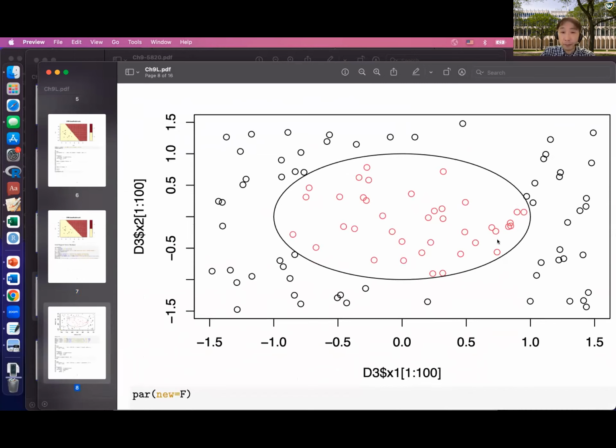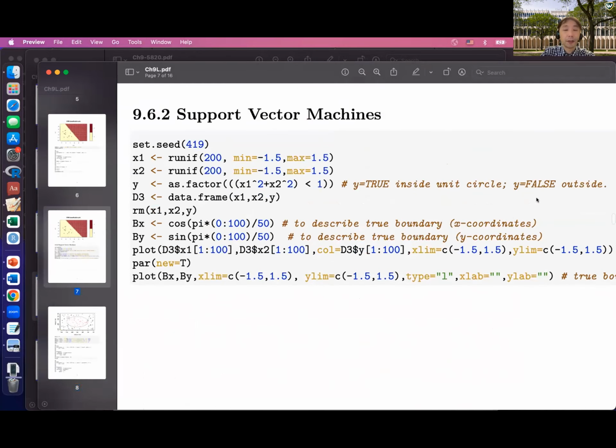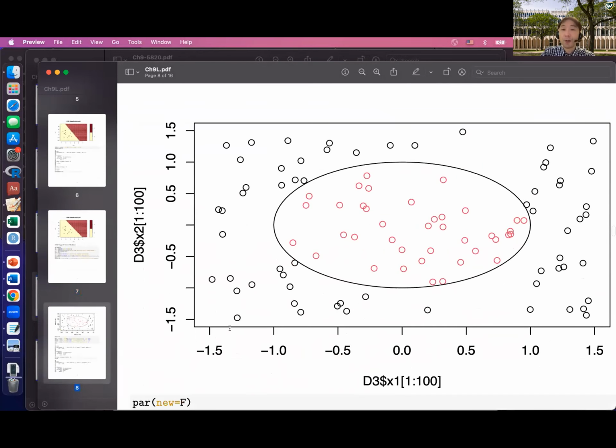So I generate pairs of random numbers, uniform random variables from negative 1.5 to 1.5. Then I classify these observations as within the unit circle and outside of the unit circle.